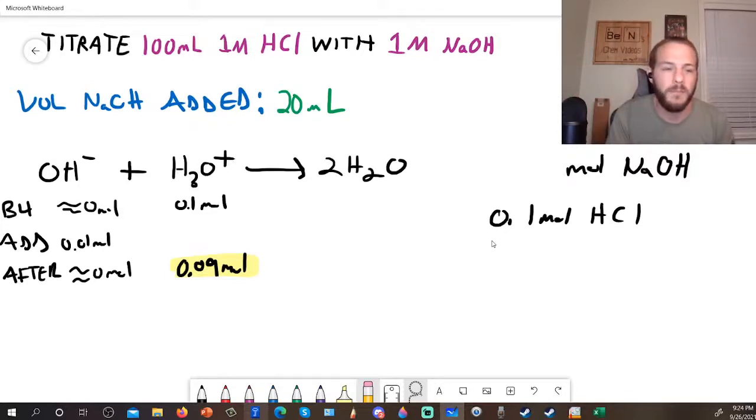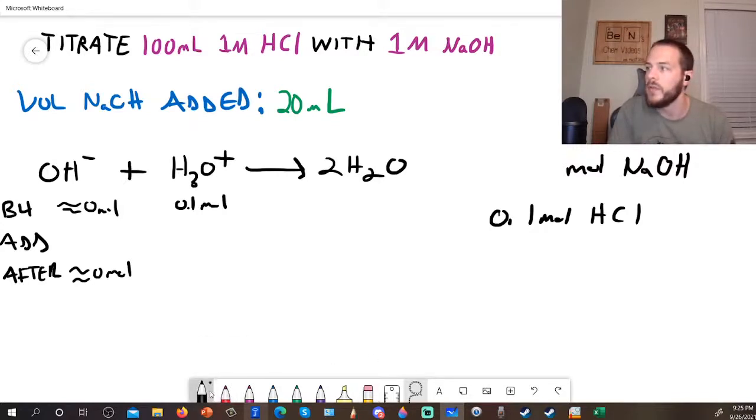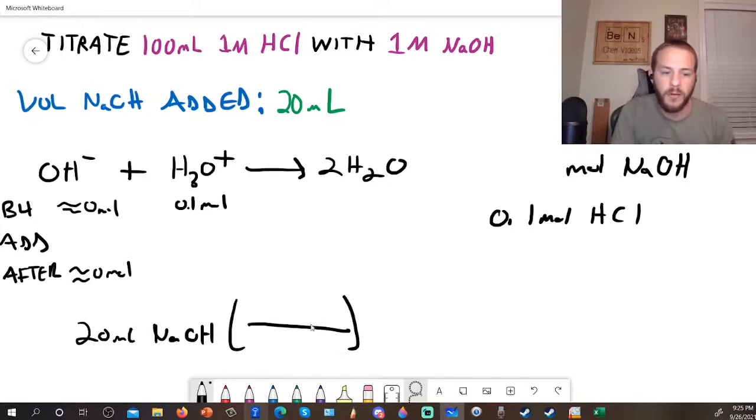I highly appreciate it. Okay, so 20 milliliters of NaOH. What is that going to look like? Well, we need to figure out what that is in moles, right? So we're going to do this calculation again, but this time with 20 milliliters. We start out with 20 milliliters of NaOH and convert that into liters, so milliliters on the bottom, liters on the top.